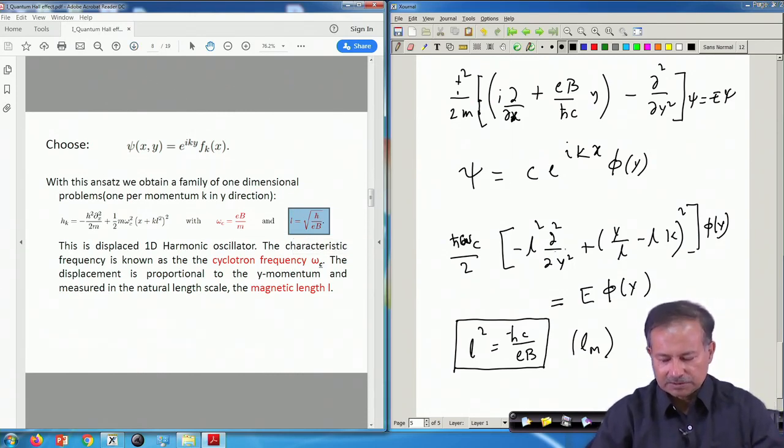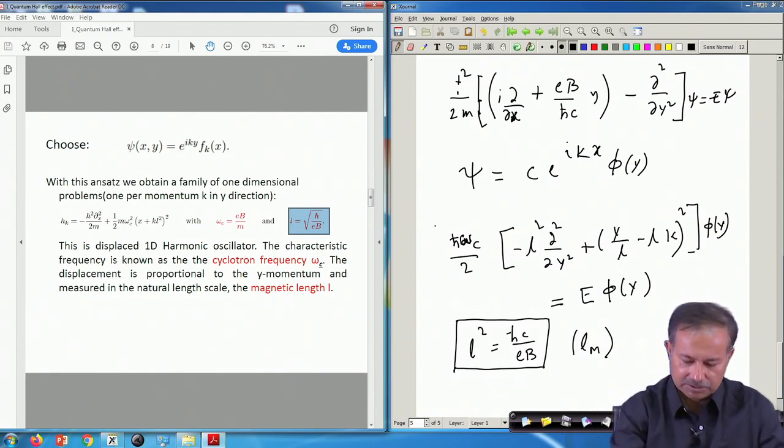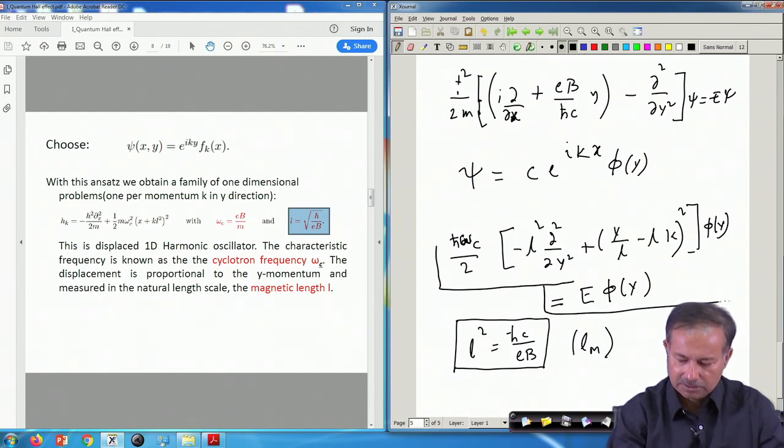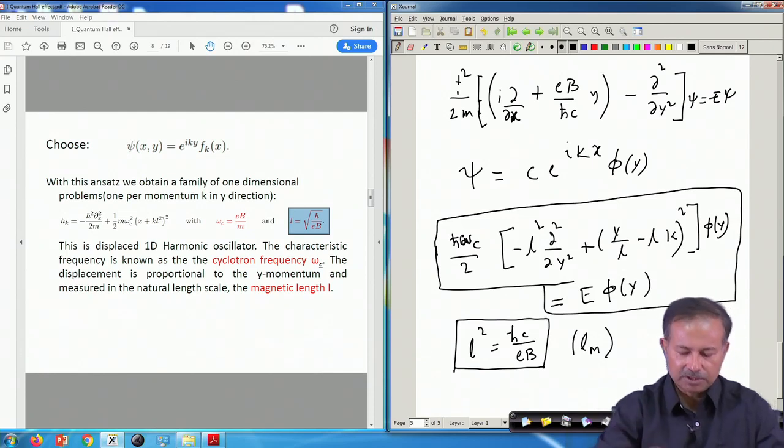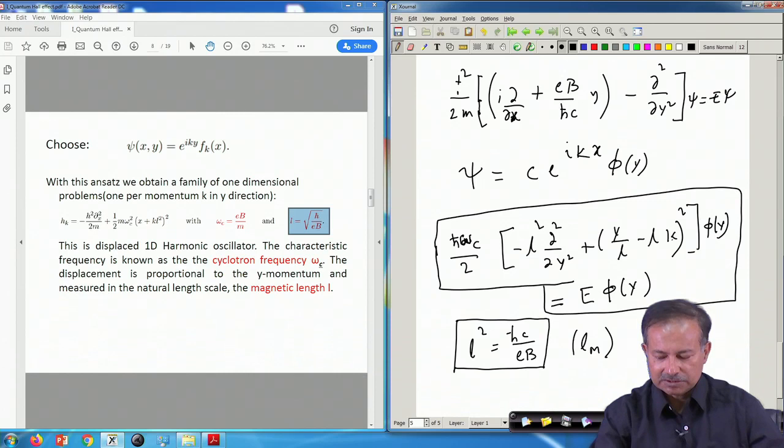Now, if you look at this Hamiltonian that you got, this equation H psi equal to E psi, the left hand side represents a simple harmonic oscillator in one dimension. Suppose this k was 0, then this would be just a simple harmonic oscillator, right.